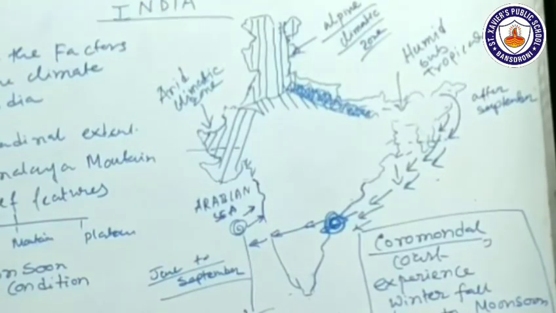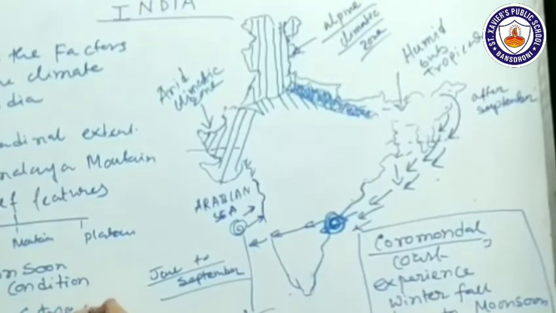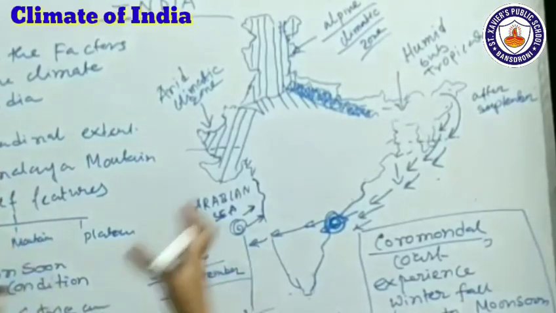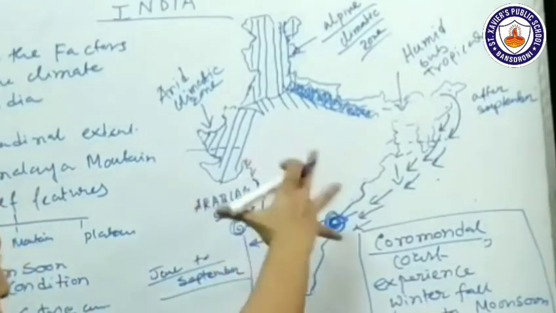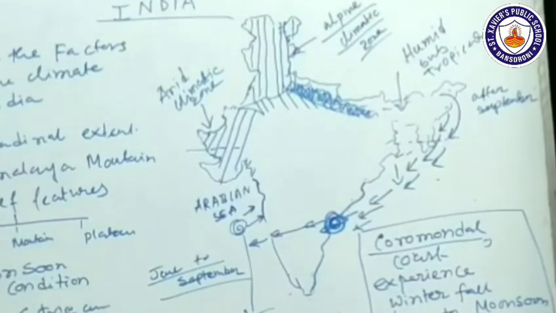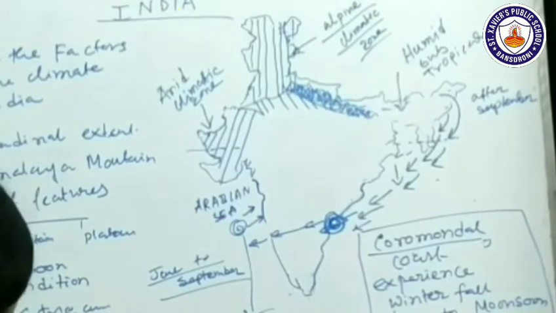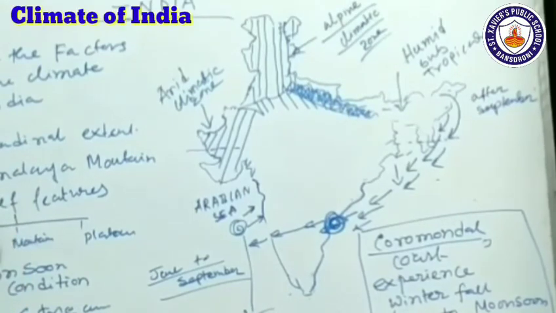Number 5 point is the jet stream. Jet stream is mainly an upper air circulation current which also determines the monsoonal direction over the subcontinent. Number 6 is El Nino and La Nina activities.